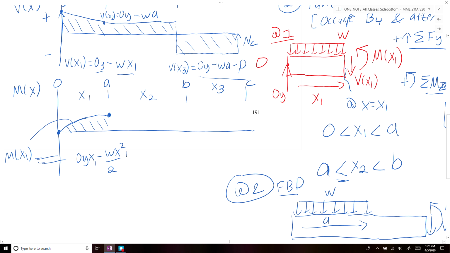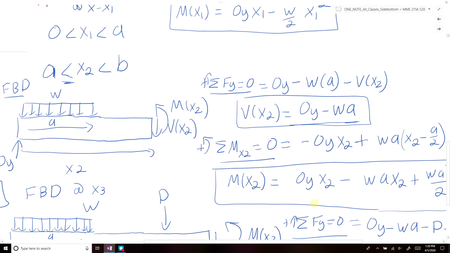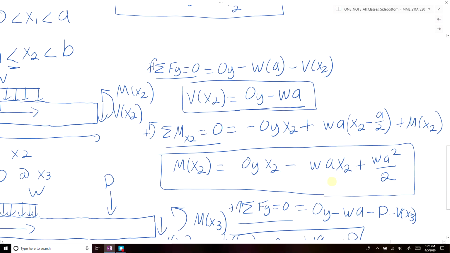All right. And then from point A to point B, we get our moment function. It's going to be equal to O of y x2 minus WA x2 plus WA squared over 2.